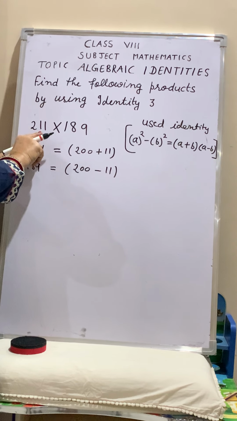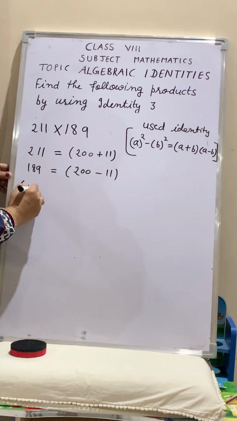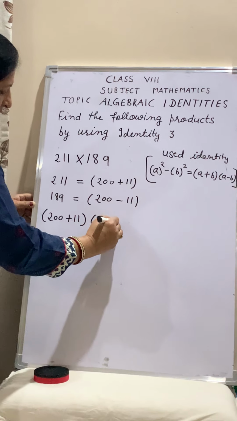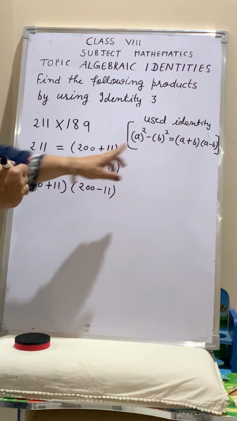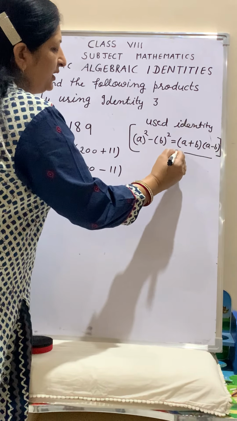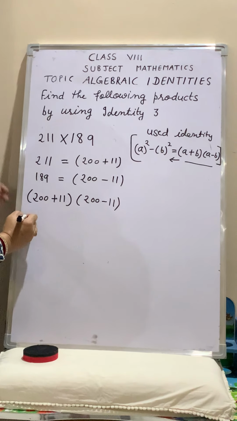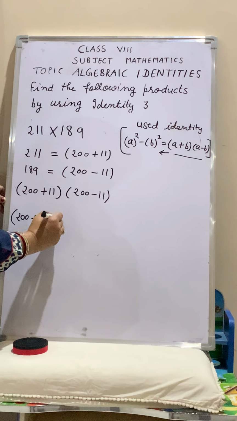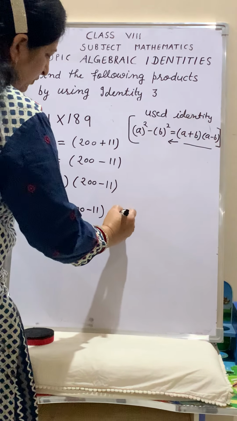Then we will find out the product of these two, 200 plus 11 and 200 minus 11. Now which side is given? The left hand side is given. If the left hand side is given, you can write the right hand side. So first of all we will write the left hand side is equal to A whole square.